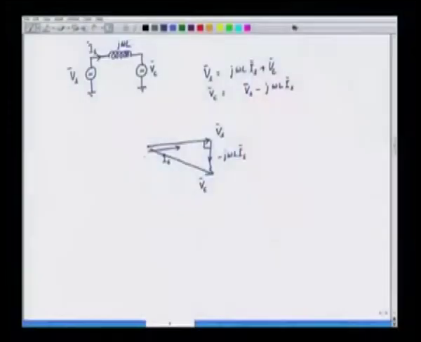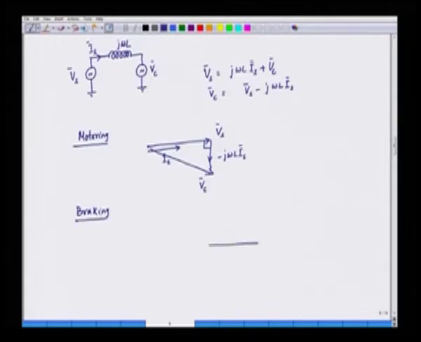So, this is for the motoring. Where the power factor is 1, it means Vs and Is are in phase, and for the braking condition, we have the voltage Vs here and the current is out of phase in this case. So, here theta is 0, theta is the power factor angle, that is equal to 0 in this case.